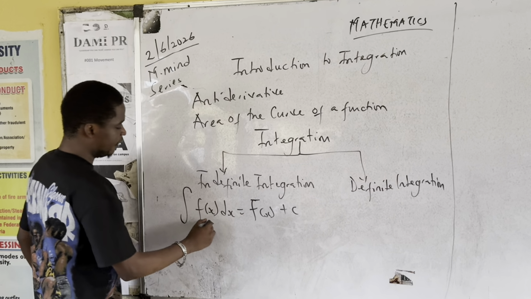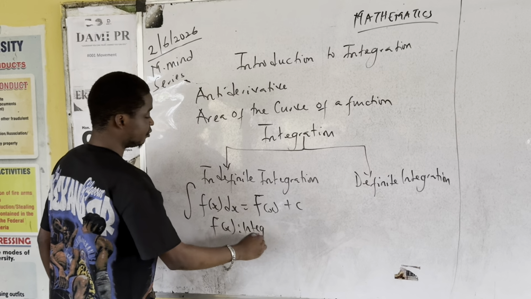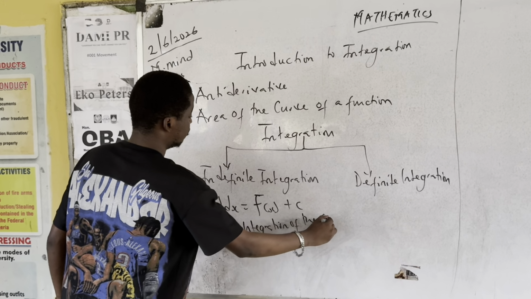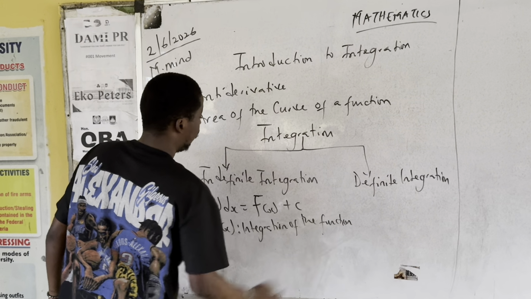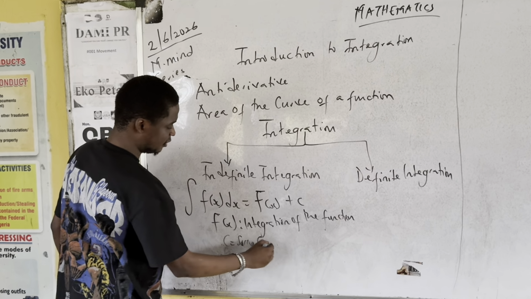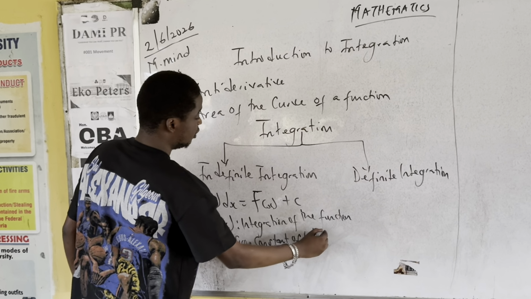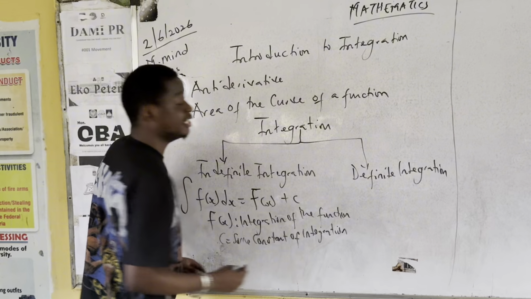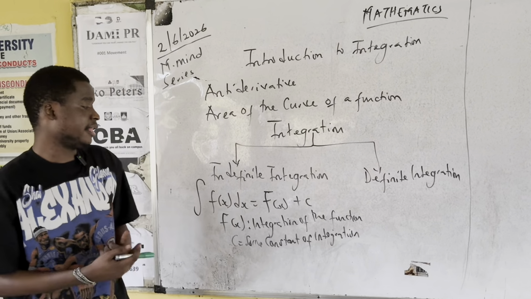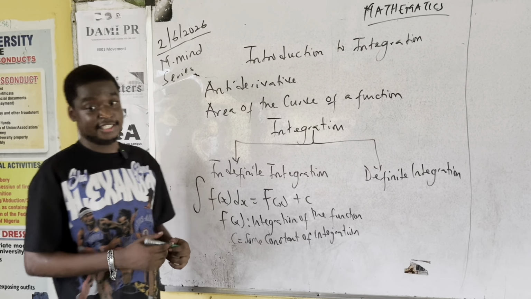Capital F of x represents the integration of the function, while the c represents the constant of integration. When you integrate using indefinite integration, you must add this constant of integration. It's a rule in maths that you must add it. That shows that you have done indefinite integration.